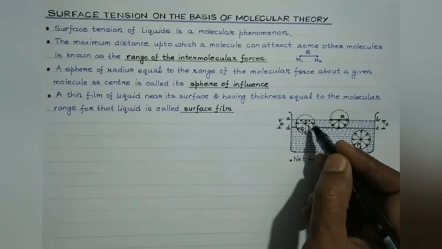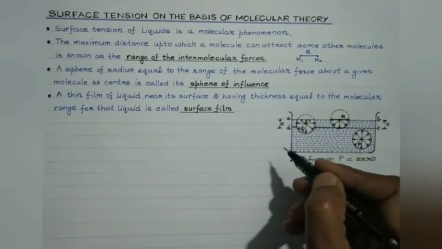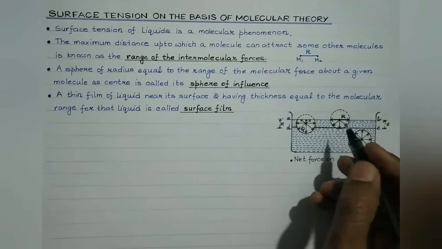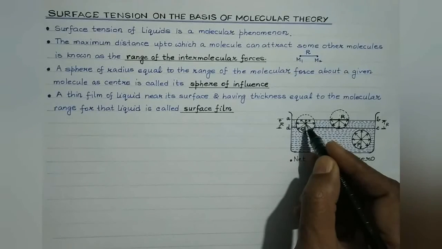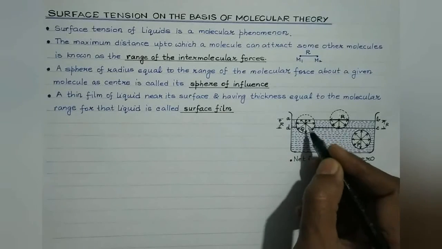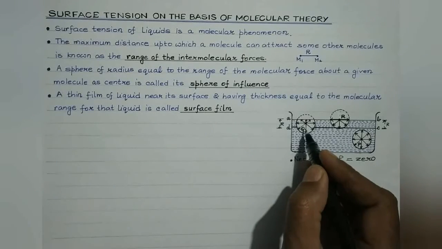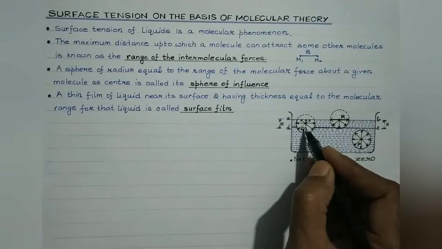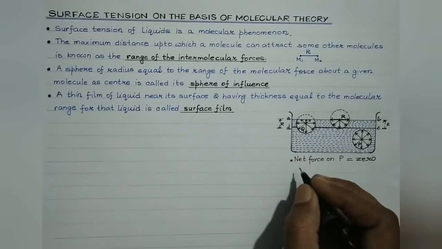So as a result, molecule Q will experience a net inward pull, which obviously will depend upon the relative number of molecules between the lower and the upper halves of its sphere of influence. So molecule Q, which is slightly placed below the surface of the liquid, will experience a net inward pull.